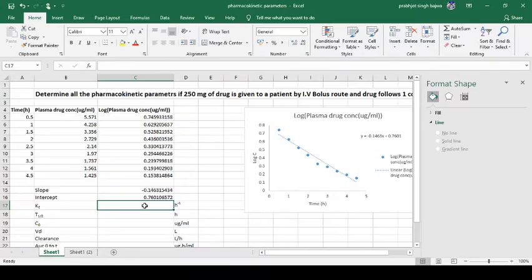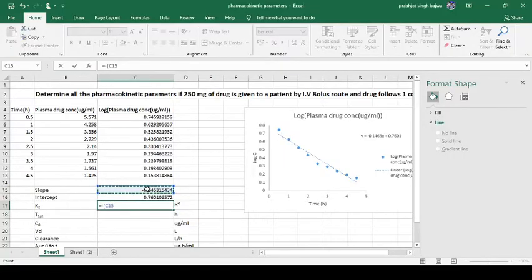So we will put into the formula: equal, minus bracket start, then we will put minus slope. Now we'll select the slope.